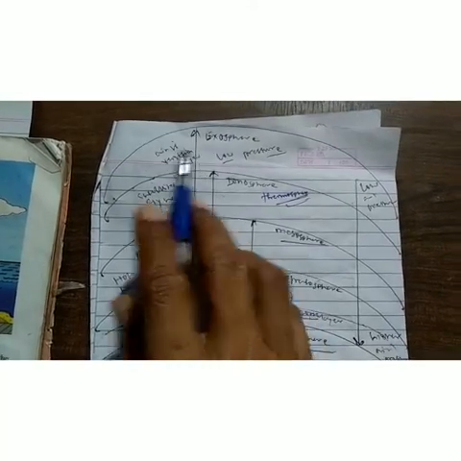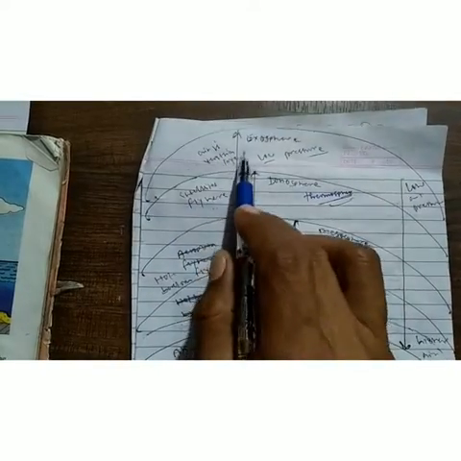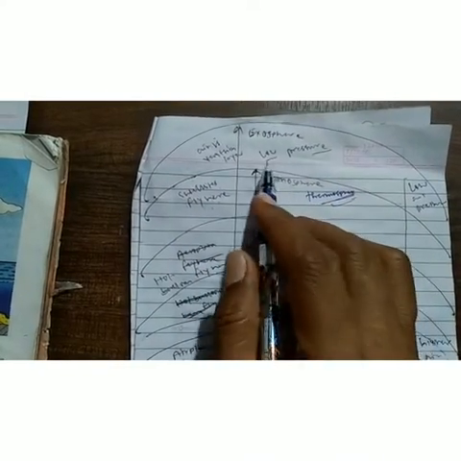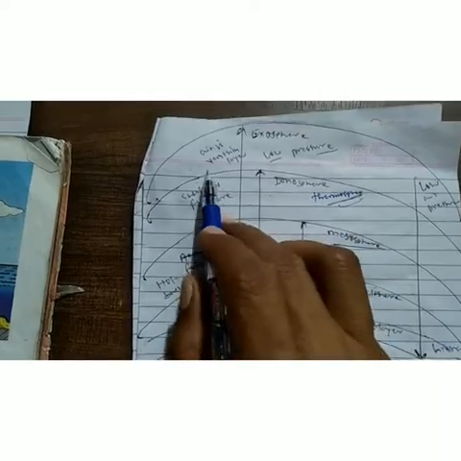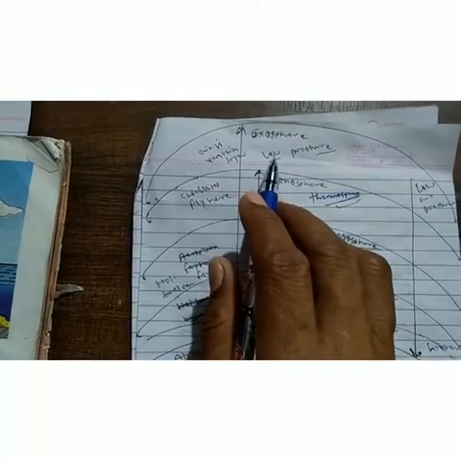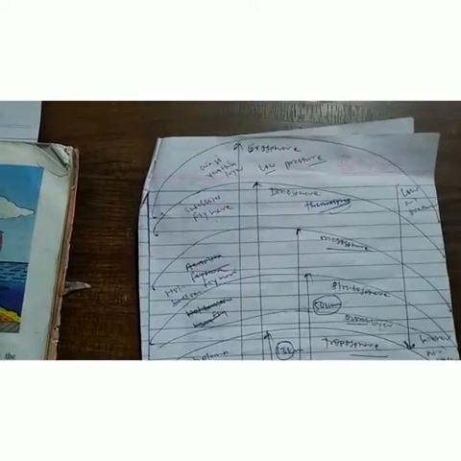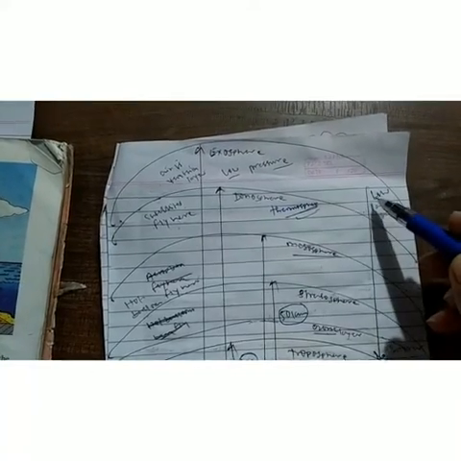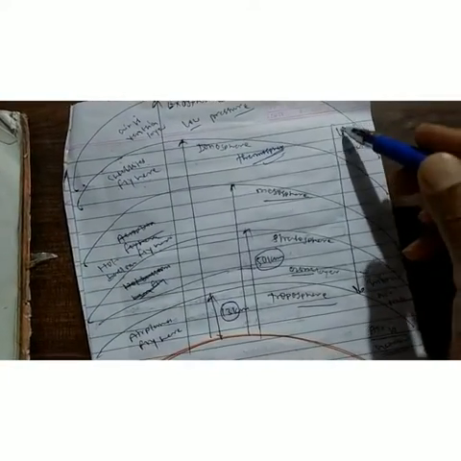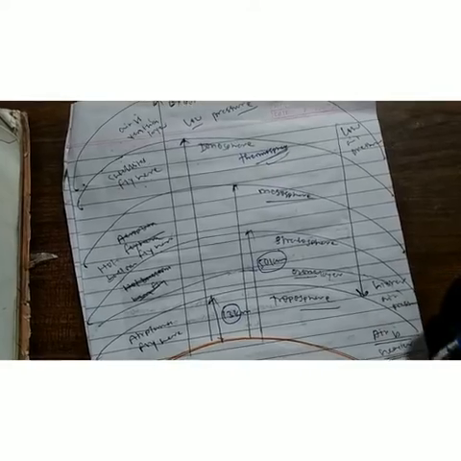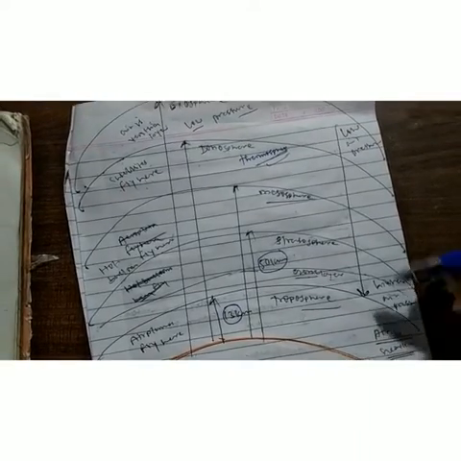After that, the last layer is the exosphere. Here the pressure is very low and the air is very, very thin in the exosphere, and on the downside the air pressure is very high.